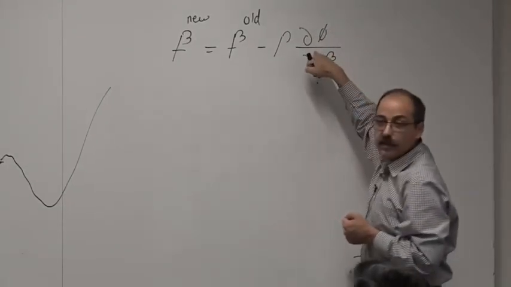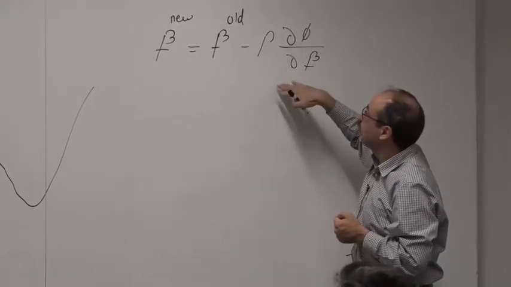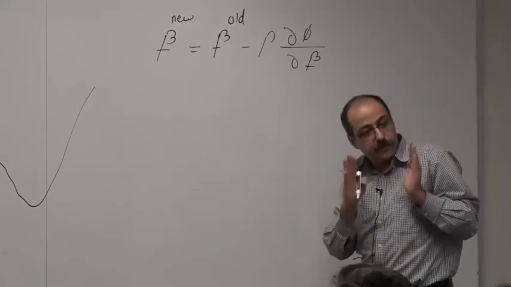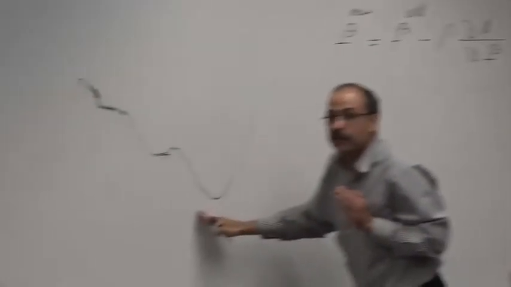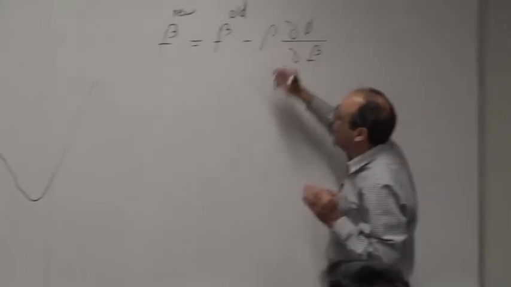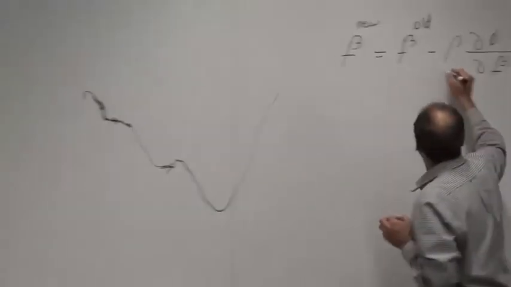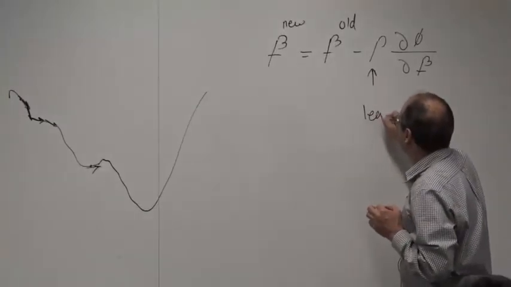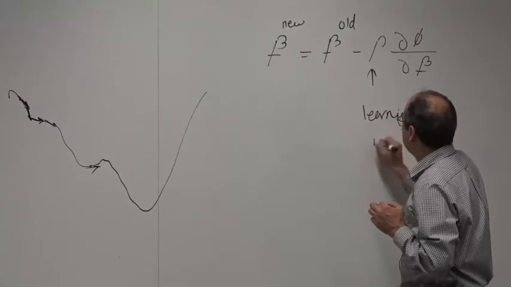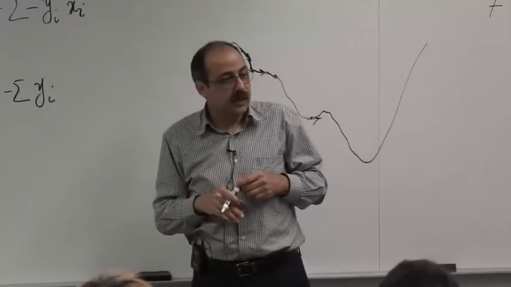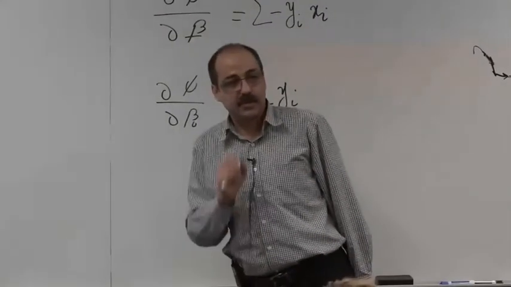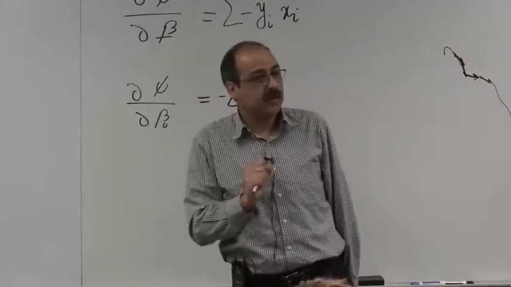So you take the gradient, which is basically the direction towards the minimum, and then you take one small step. This is called the learning rate, and the learning rate tells you how large or how small your step should be. A large lambda means you take a large step, and a small lambda means your step is small.